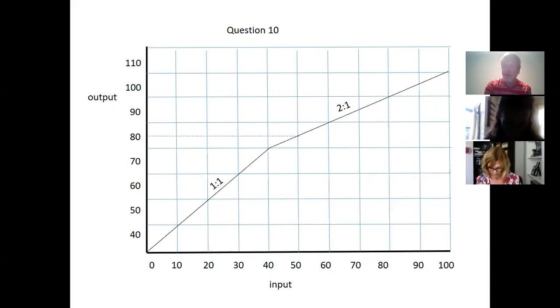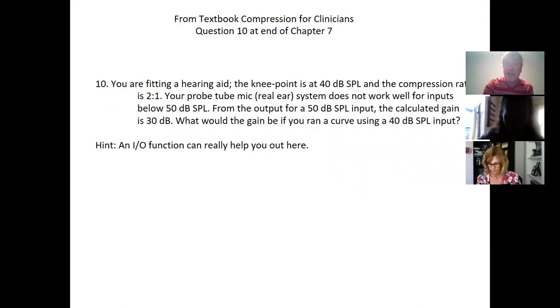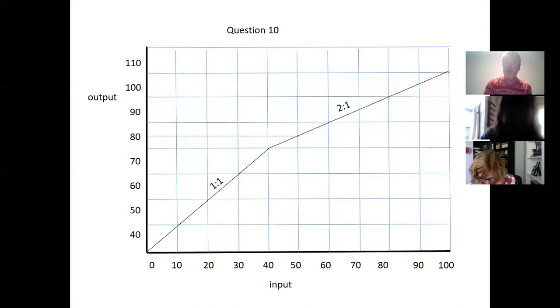Okay, so now the last sentence of the question. What would the gain be if you ran a curve using 40? Well, back to your graph. 40 in then. 75. Well, your output would be 75. That's correct. Your output would be 75. So for a 40 dB input, your output would be 75.